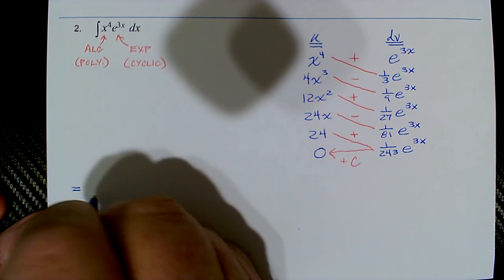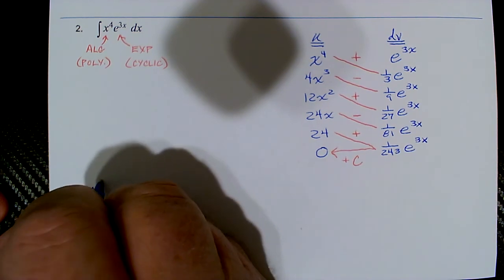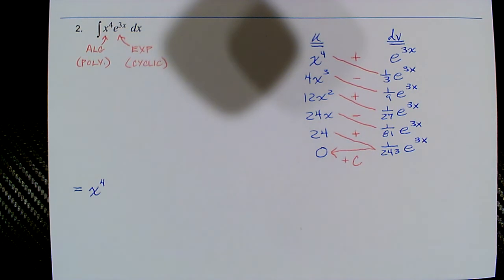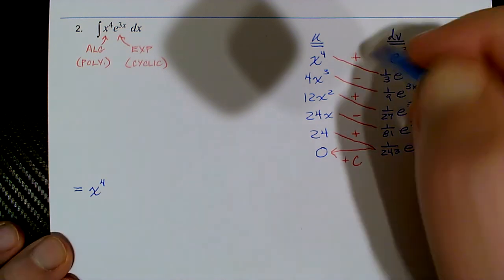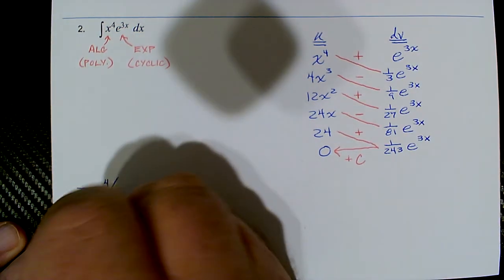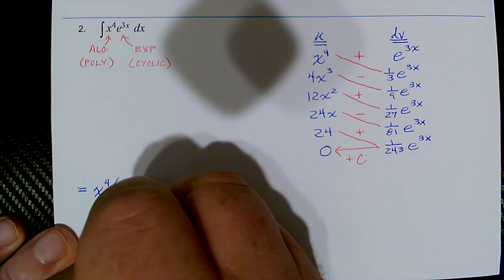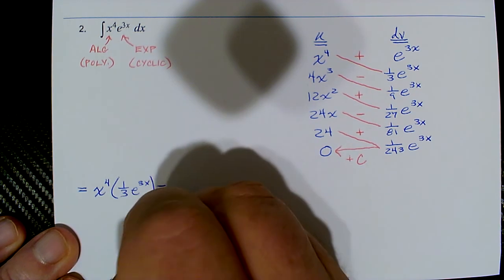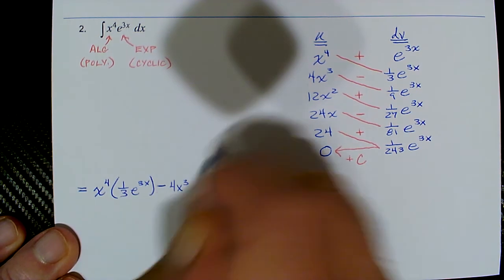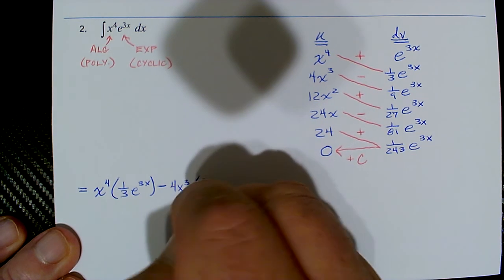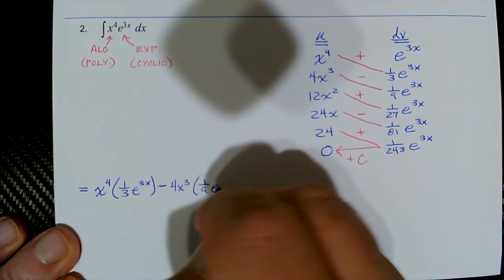I'll show it literally. You can skip steps if you like. So we have first diagonal product x to the 4th, 1/3 e to the 3x. Next diagonal negative 4x cubed, and then 1/9 e to the 3x.